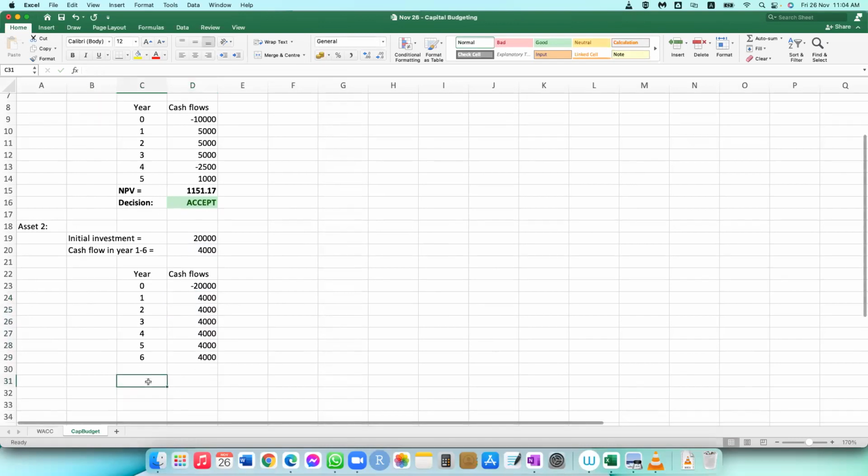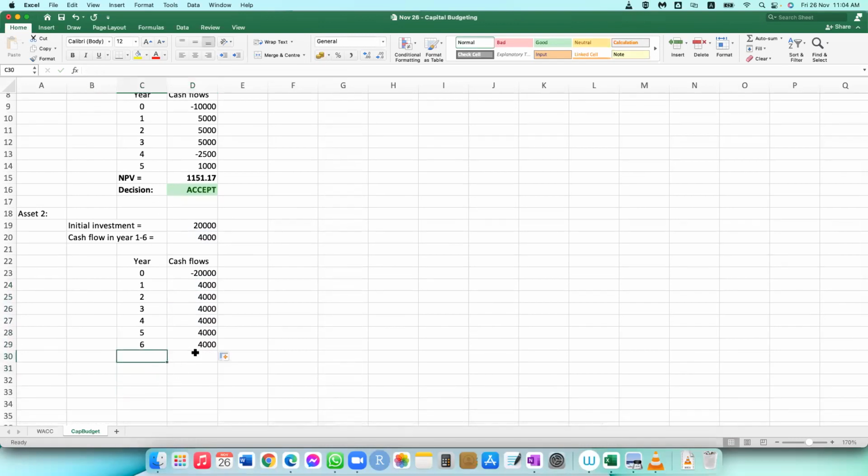Because this is the same organization, we can use the same cost of capital, no problem with that. And I will copy this portion. If I copy this portion, then I don't have to do the conditional formatting again. The same format will work. So Control V, but I will delete this one because I need adjustment here. So what to do?